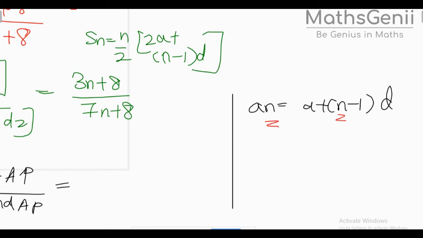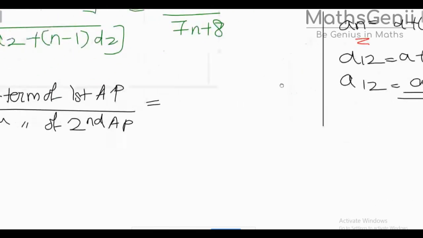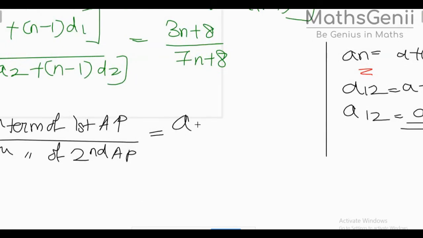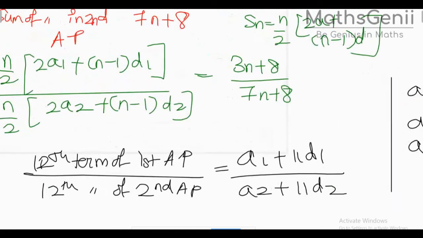So in place of n, I'm just going to substitute 12. a12 is equal to a plus 11d. So the 12th term is a plus 11d. So can I write a1 plus 11 d1 upon a2 plus 11 d2? This is what I have to find. So the first statement and the second statement of the question have been converted into a mathematical form. Very simple.